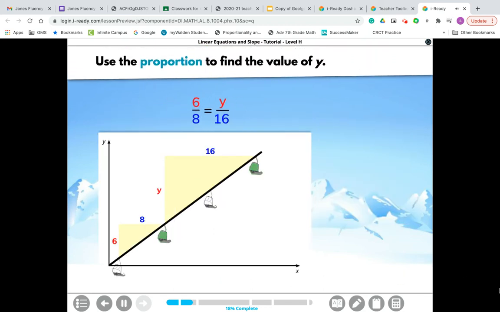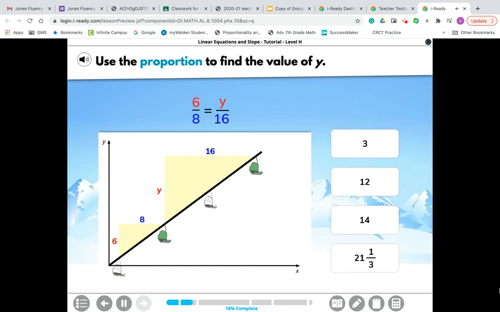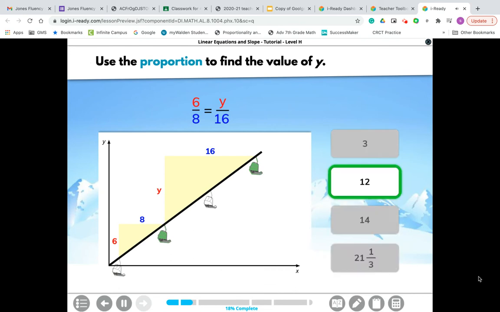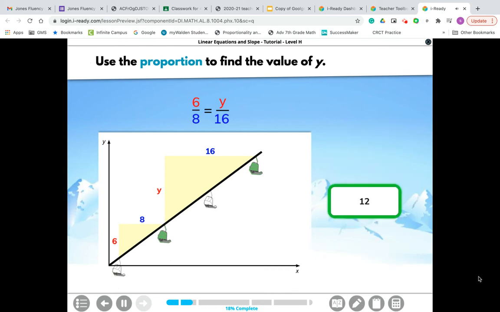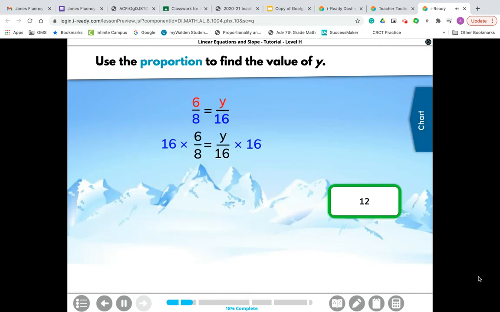Use the proportion to find the value of y. To get y by itself, we can multiply both sides of the proportion by 16. When we simplify, we see that y equals 12.